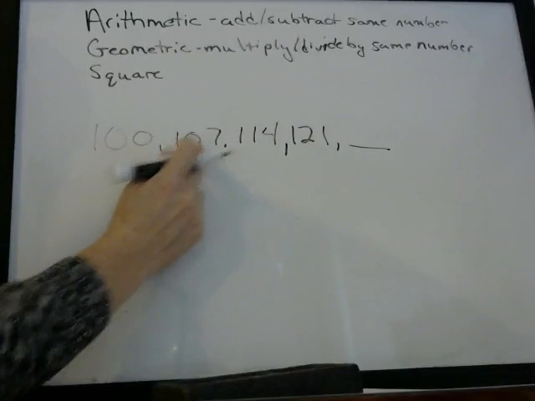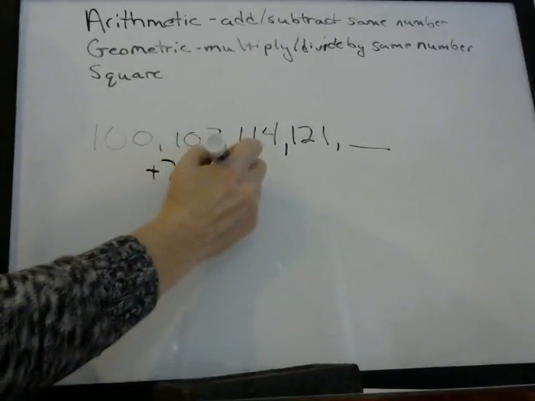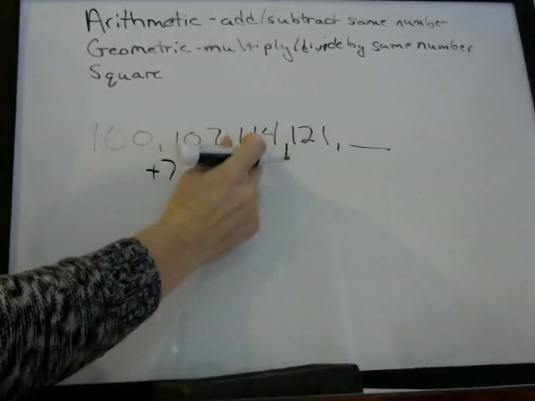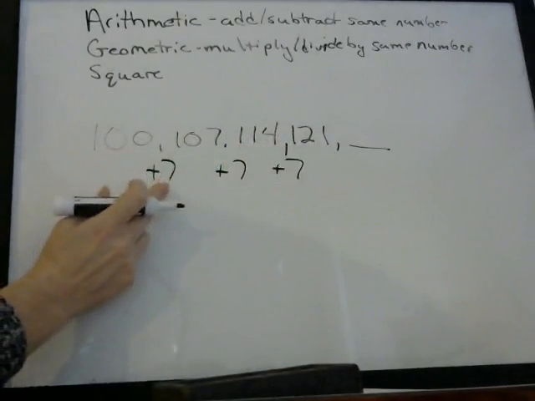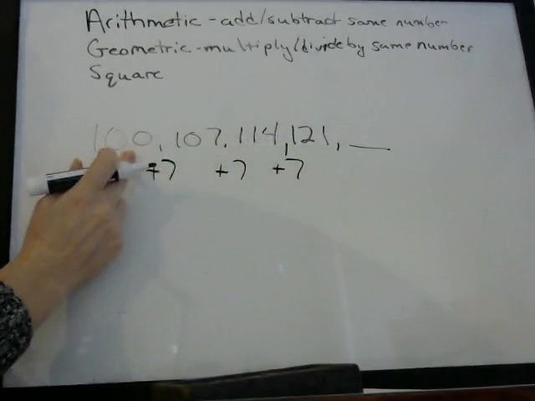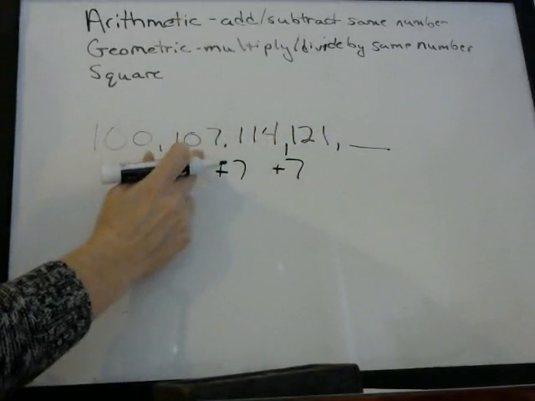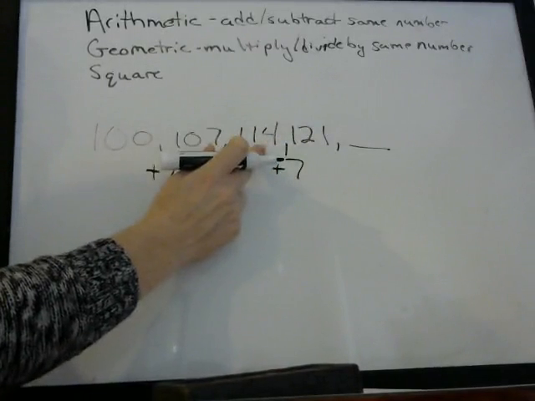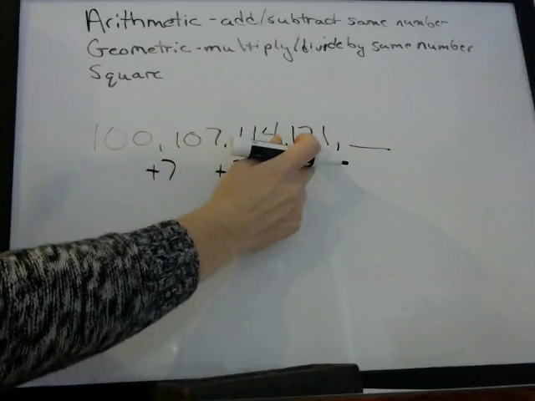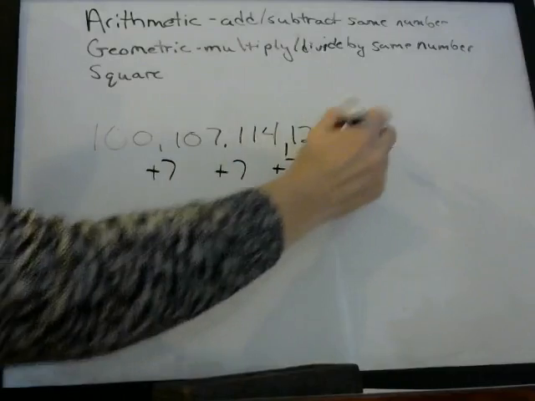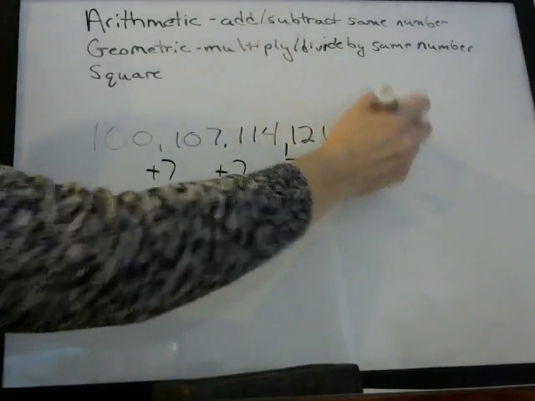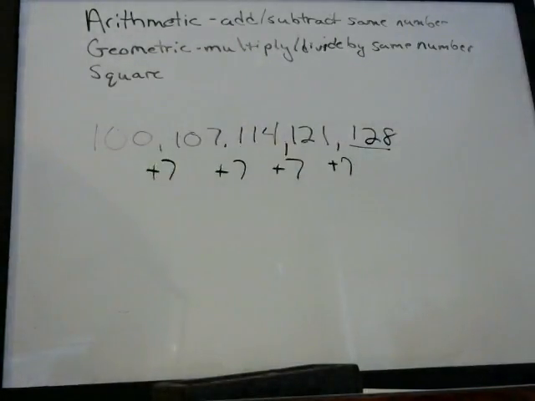From 107 to 114, we added 7. From 114 to 121, we added 7. So they're adding 7 to each number to get the next number. So we're simply going to add 7, and the answer to this question would be 128. So the first thing you want to check for is, is this sequence arithmetic?